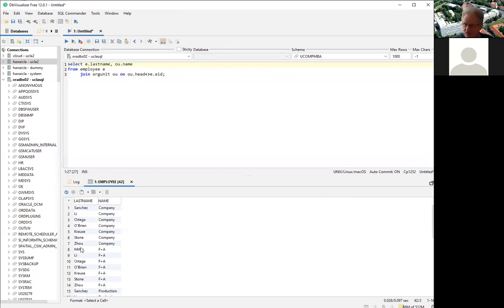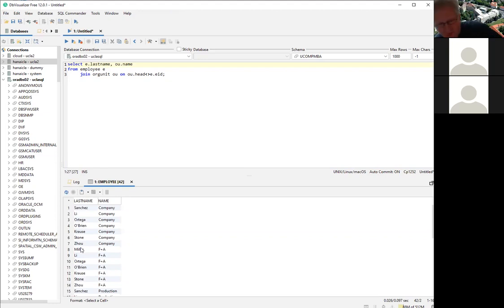And that's clear that it must be that way because if you remember the Cartesian product, the Cartesian product first of all takes all combinations, and then it filters out those combinations that don't fulfill the condition. And the only combination that doesn't fulfill that condition is the Miller record, because Miller is head of the company.